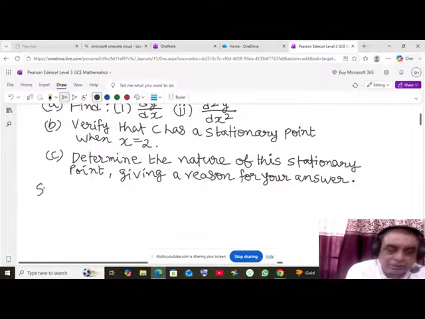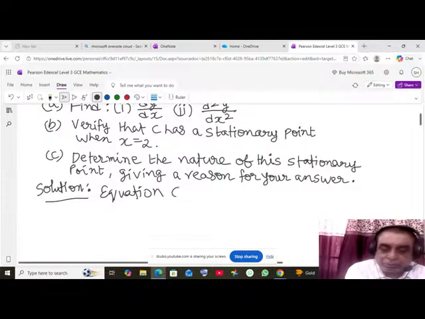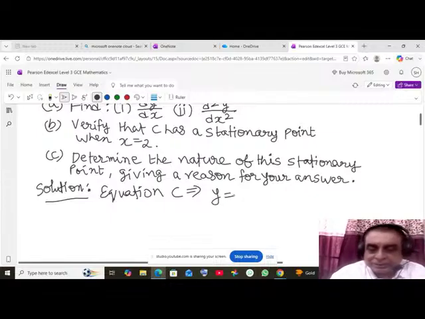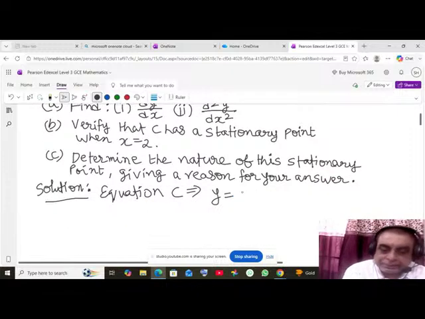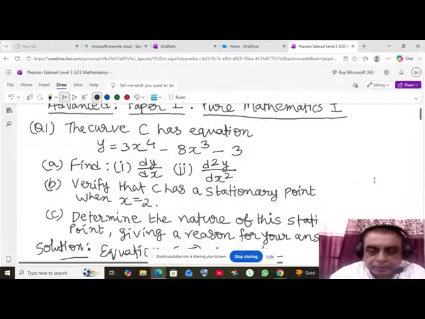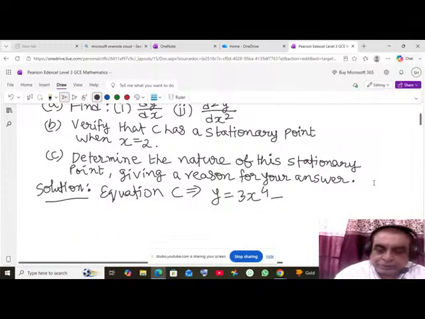So we are doing from A part. Here the equation given is the equation of the curve C. So y is equal to 3x to the power of 4 minus 8x to the power of 3 minus 3.